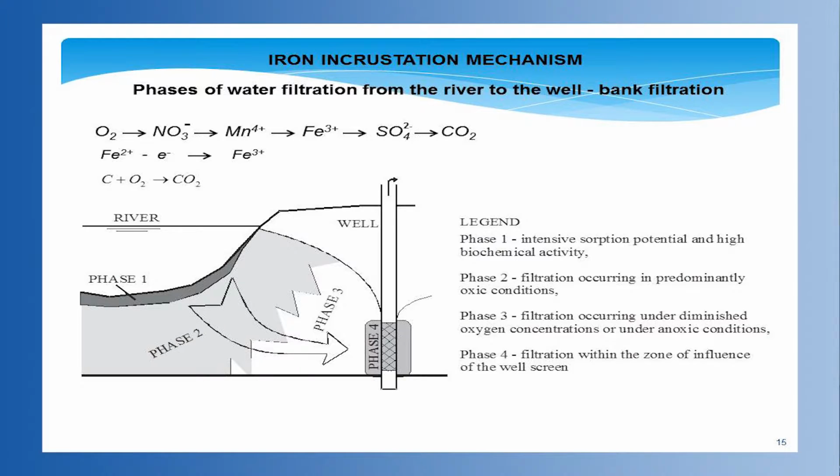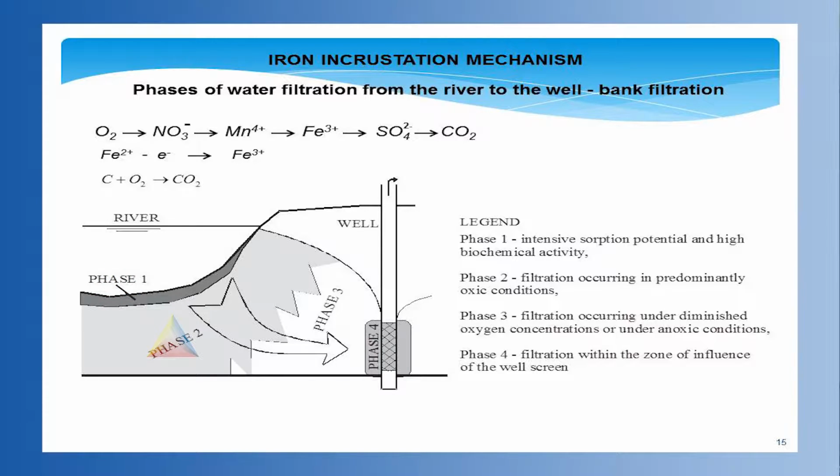How is it going? First, oxidation by oxygen, after that with nitrates, after that with manganese, ferric iron, sulfates, and at the end methanogenesis. Phase 1 is the river bottom sediments, and it means intensive sorption potential and high biochemical activity.